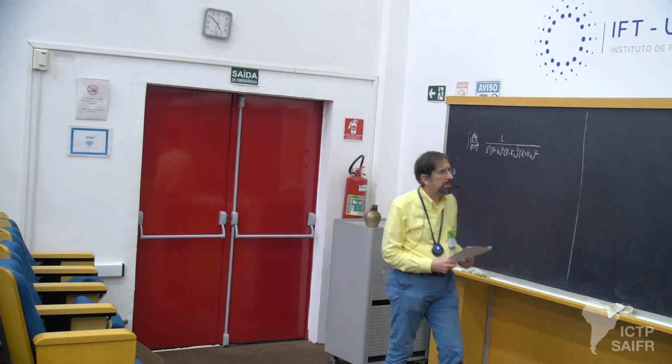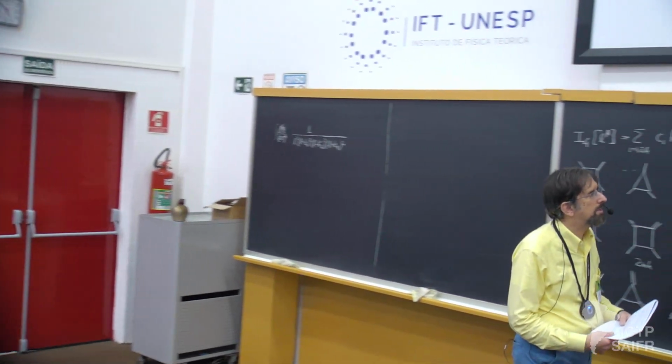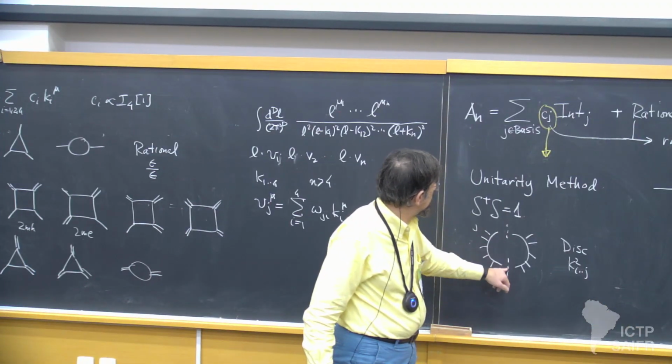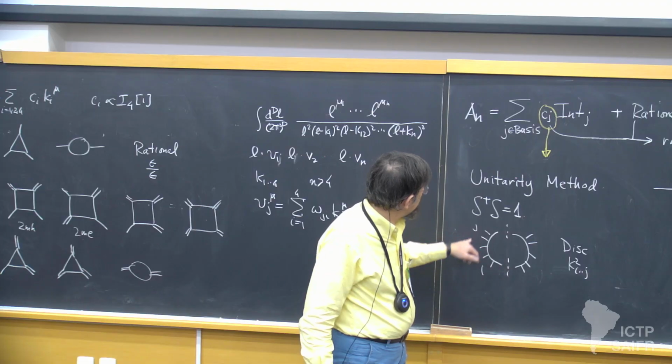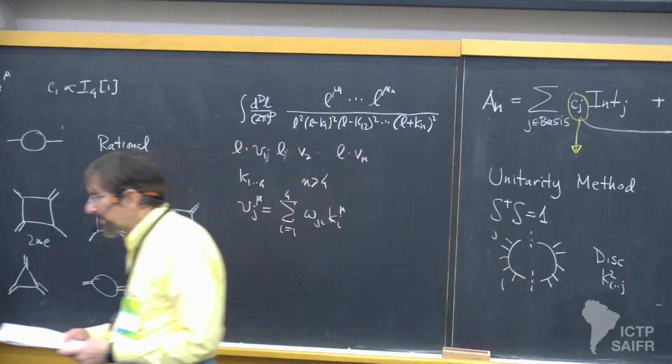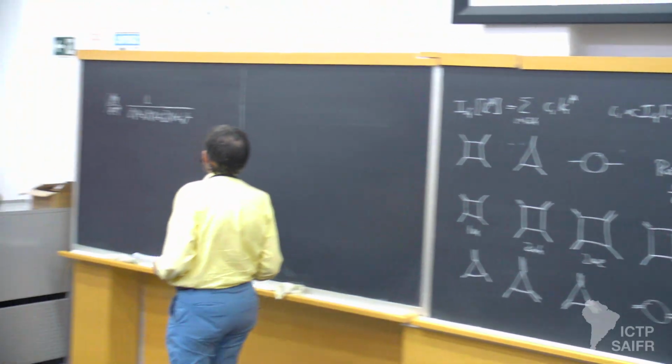So if we're just following the Cutkosky rules, which I'm not going to have time to discuss, but those are the ones that tell you that to take the discontinuity, you replace the 2 propagators that surround the channel in question with a positive energy delta function.